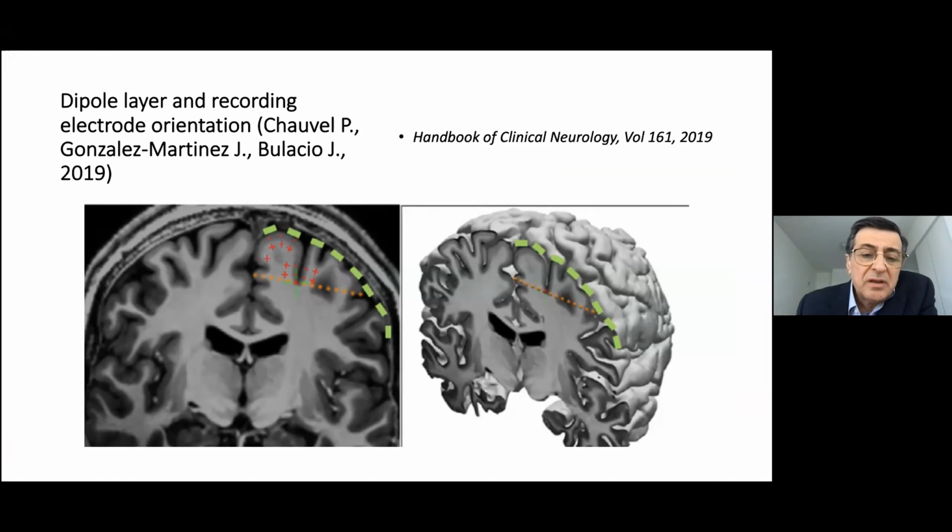If the dipole is perpendicular, the electrode can pick it up immediately, or if the dipole is not perpendicular, the electrode will pick it up with some delay.